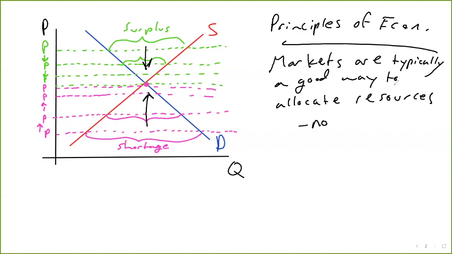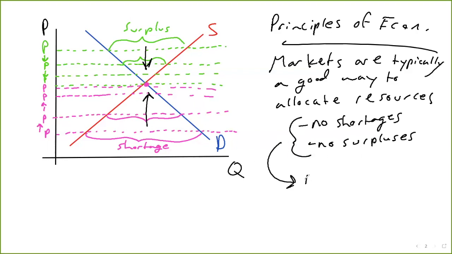What I mean by that is typically the market will ensure that there are no shortages or surpluses, which is exactly what you want. Everybody is selling what they have and everybody's buying what is being sold. And the main mechanism by which this happens is prices.